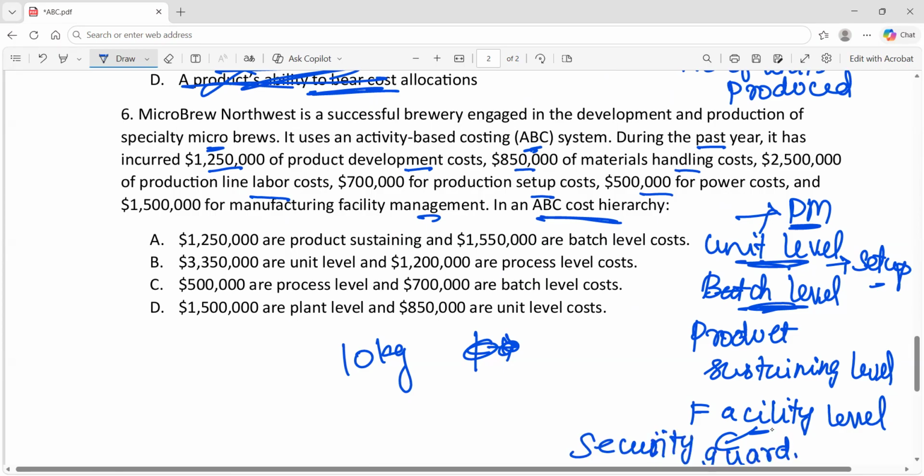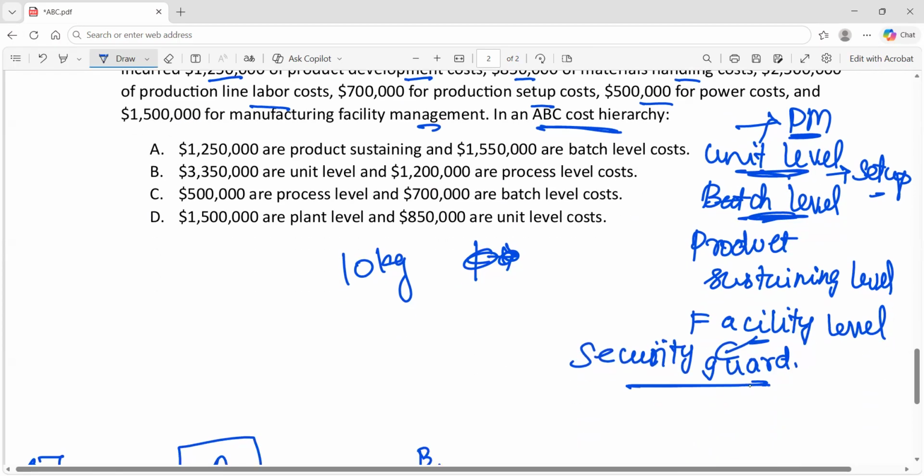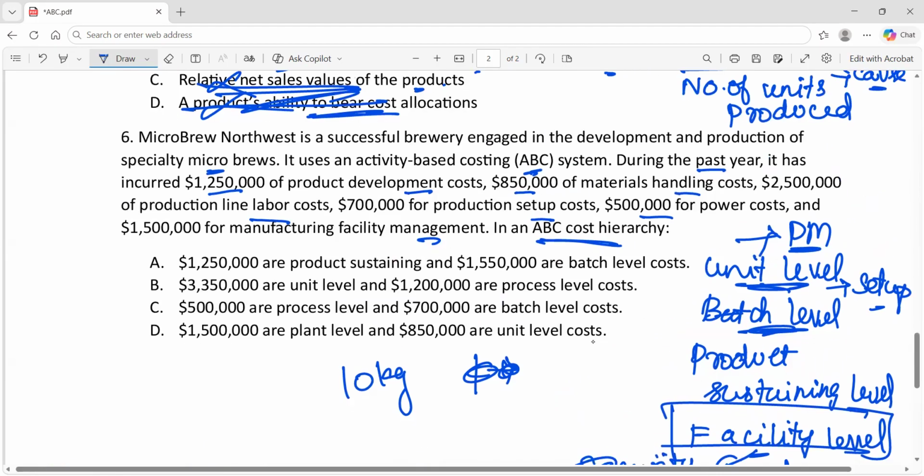It is not related to the number of units that you're producing. You're paying salary to the security guard just because he's taking care of your facility. So just because of having a business, you are incurring this cost. So what we are supposed to calculate is how much is the product sustaining cost or total unit level, process level, or plant level cost.